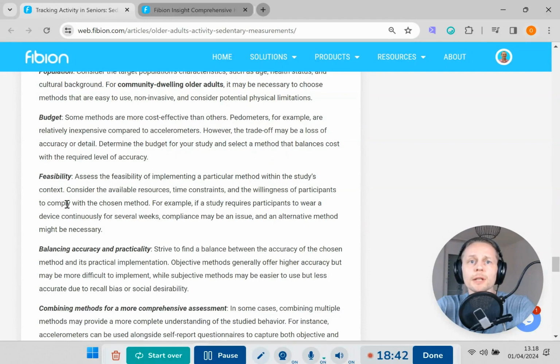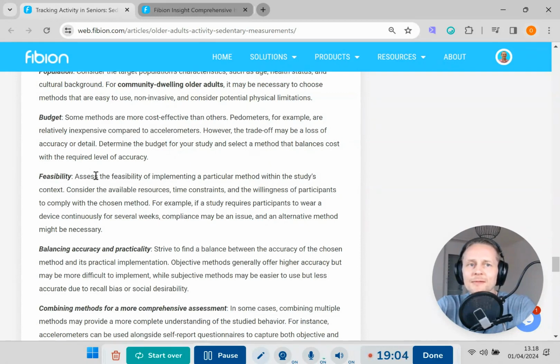So that might be a good thing. Of course, tech savviness might be a difficulty, so you should consider what are the methods that are easy enough to use. And also we discussed the possible skin problems with older people and so on. So all of those need to be considered.